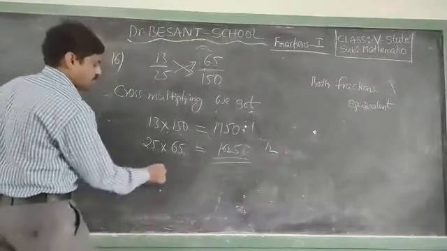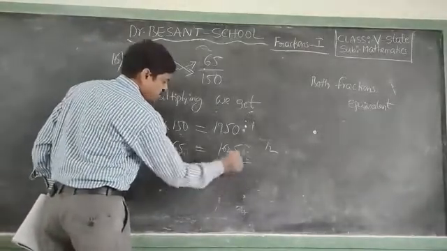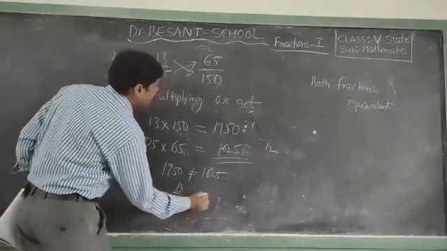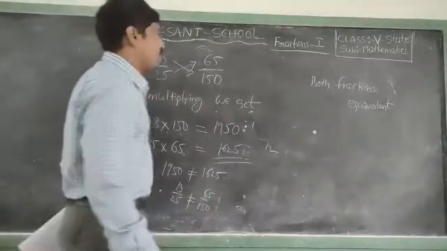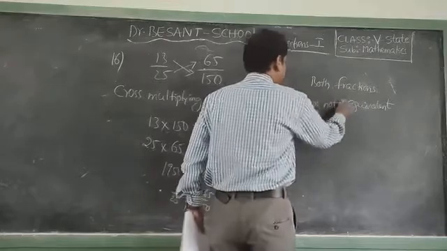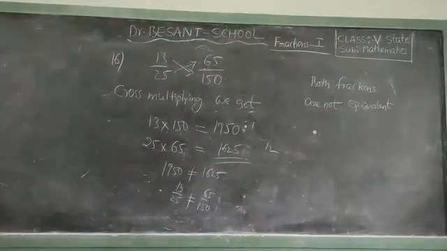So both are not equal. 1950 is not equal to 1625. That's why 13 by 25 is not equal to 65 by 150. So both fractions are not equivalent. So this is the 16th one solution. Note down, children.